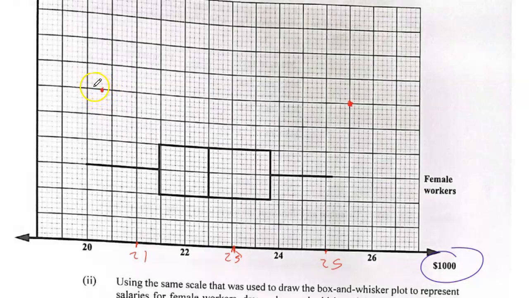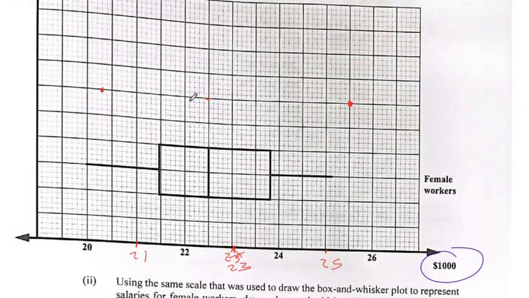The quartiles now. Q1 was 22,450, so 22.45. That would be about here. Remember, this was 23. So 22.45 will be just 0.05 short of 22.5.